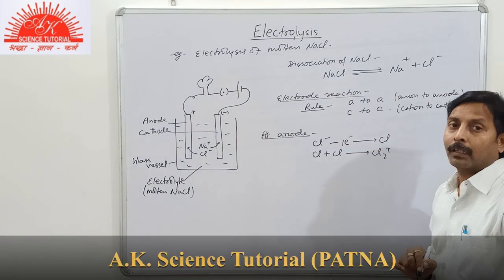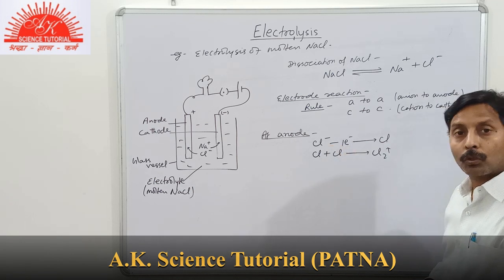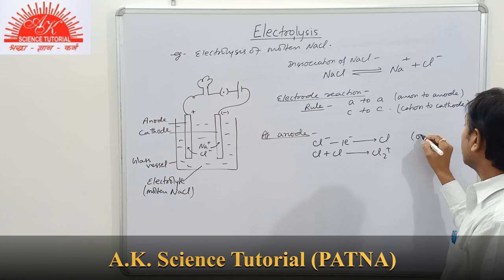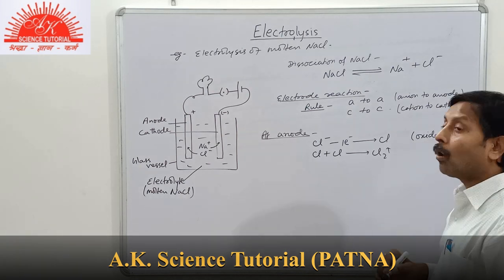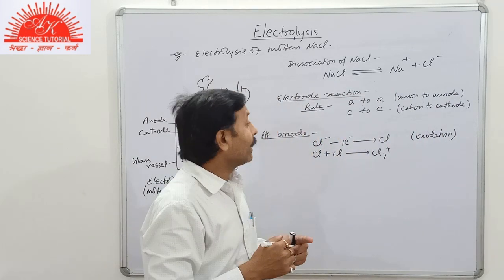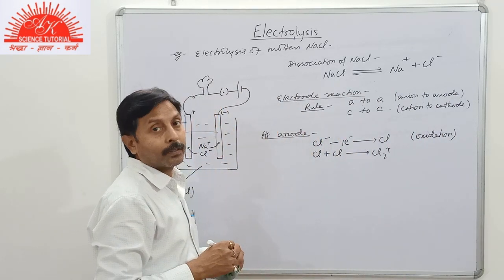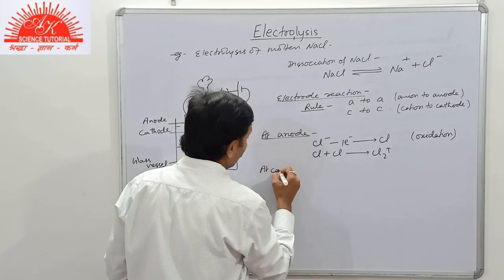One more thing, student, here there is loss of electron. So here oxidation is taking place, because we know that loss of electron is oxidation. So at the anode oxidation takes place. Now come to the cathode.